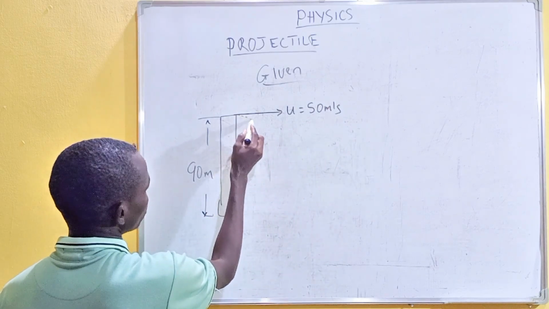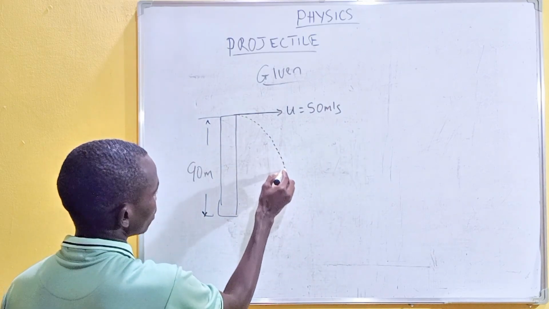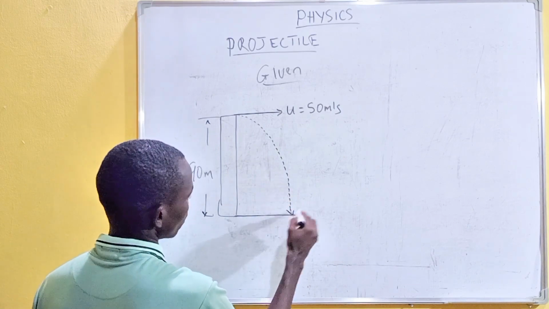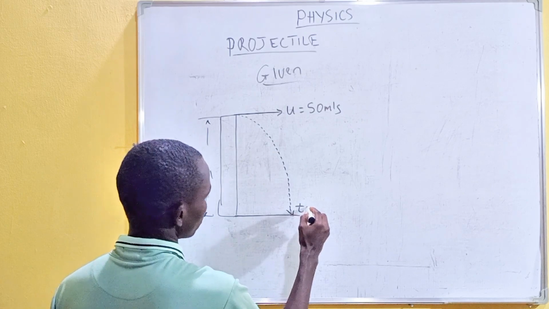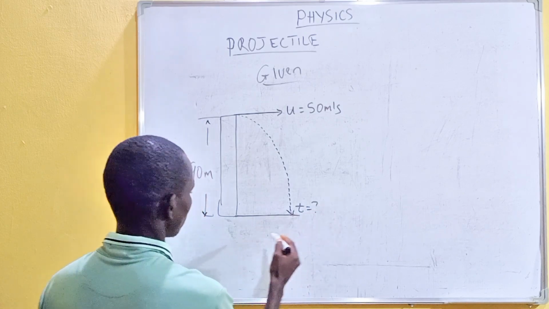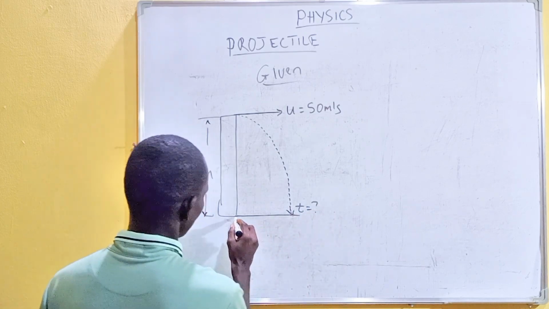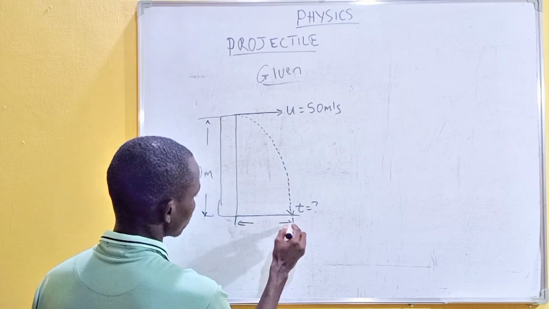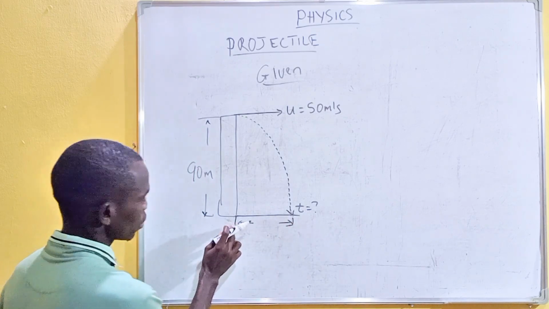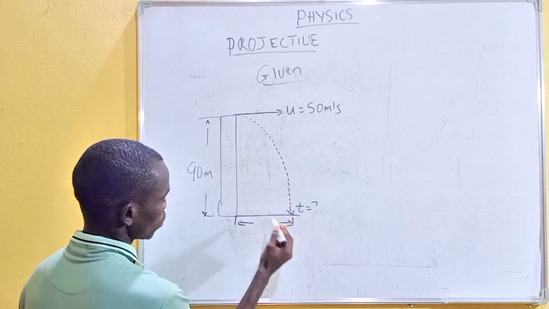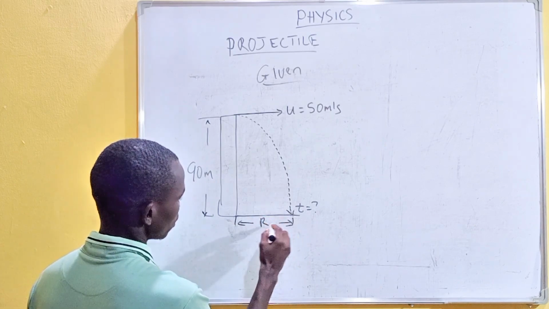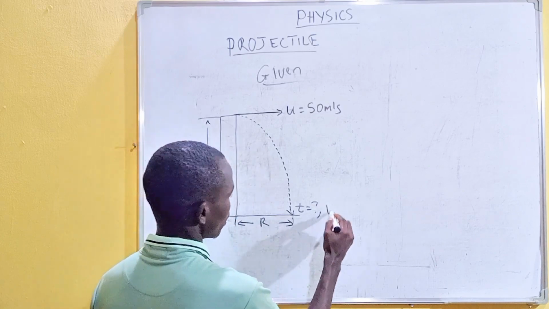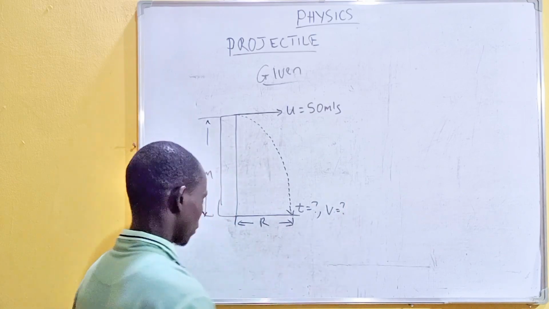The ball will move in a curved path until it reaches the ground, and we are asked to find the time it reached the ground, and also the range, which is the distance from the bottom of the cliff to the point of projection, and we are also asked to find the final velocity.